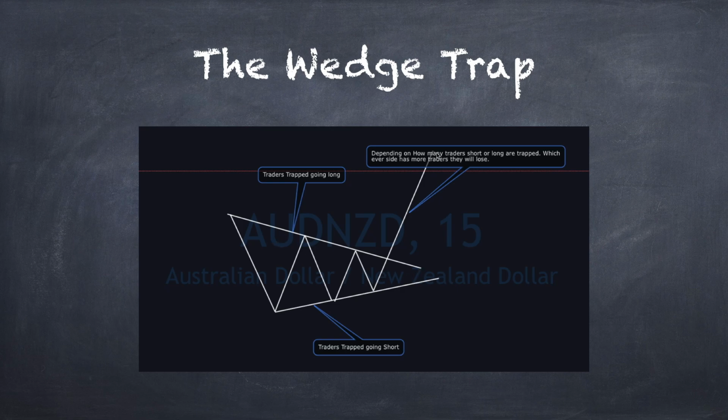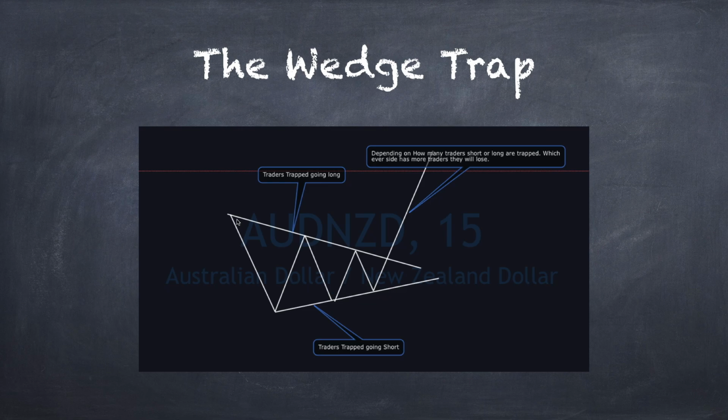They're going to go ahead and break out to go long. Okay? So let me repeat that again. Whatever side they have more traders trapped on, whatever side they have more contracts of, so if they have more traders trapped short in this example, then they're going to go long. Okay? So that's what creates this wedge trap.